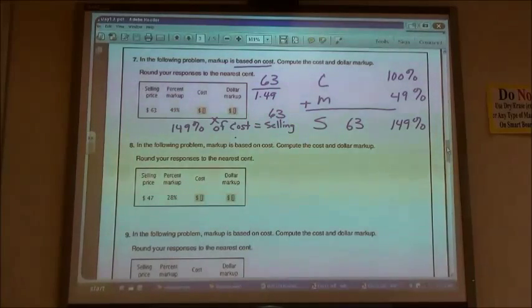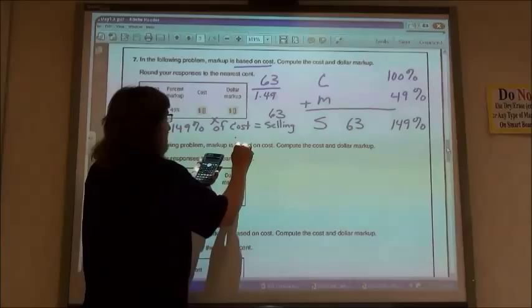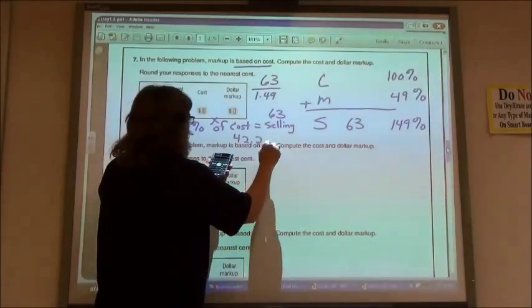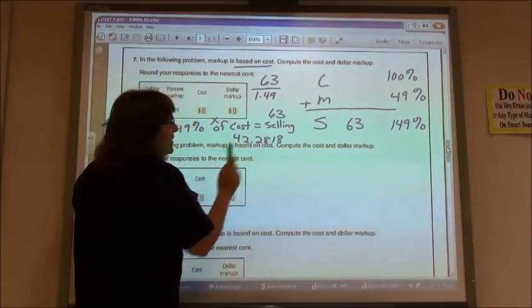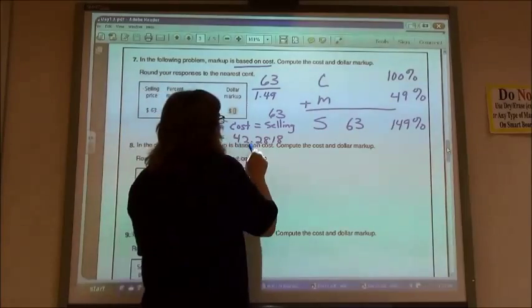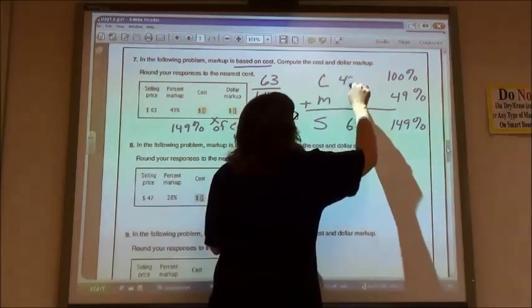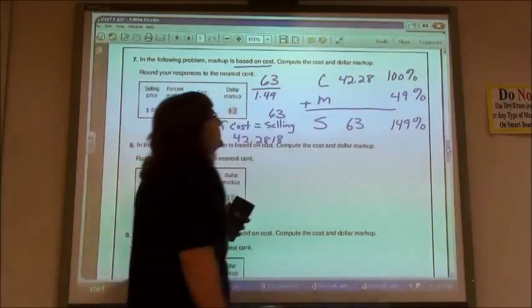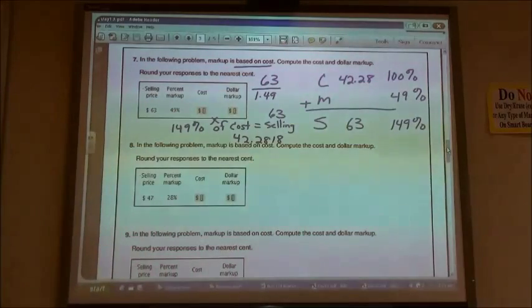So 63 divided by 1.49 gives me a big long weird decimal, but I'm going to round it off. I get 42.2818. So since I have 281, I'm going to say $42.28. So $42.28 is my cost.